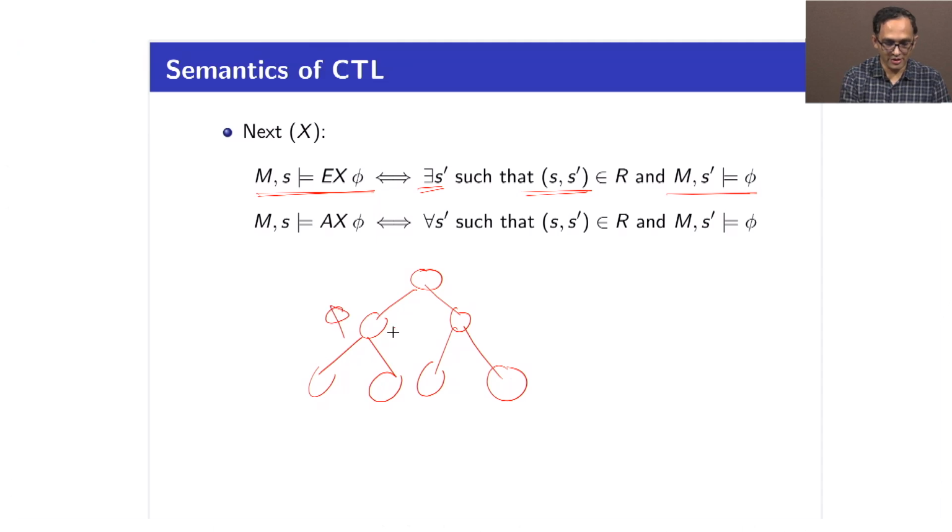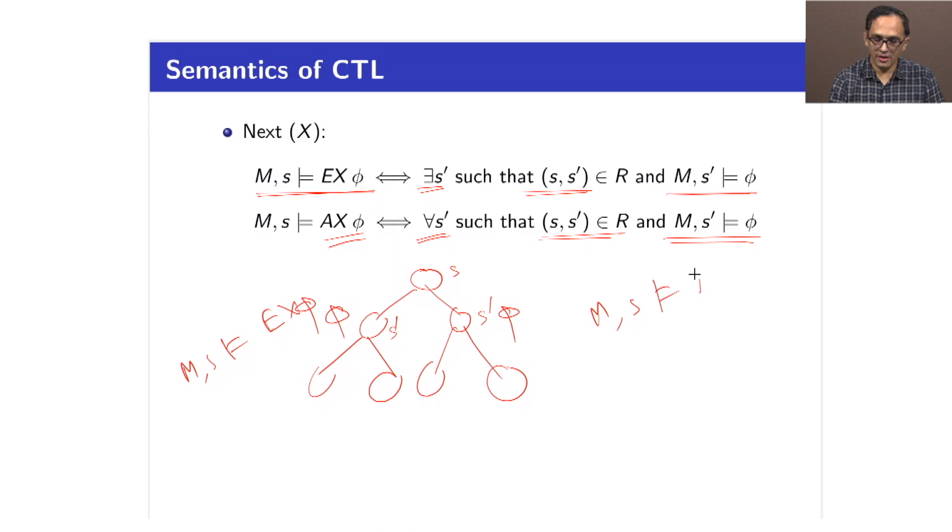Then this is my S dash, this is S, and I will say M, S satisfies EX phi, right. This is formally. AX phi means for all paths, in the next state phi holds, that means for all such S dash. So, it has two next states, both the next states of S, and in both cases phi holds. In this case, I will write M, S satisfies AX phi, right.